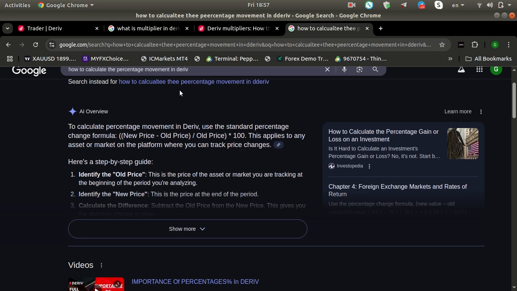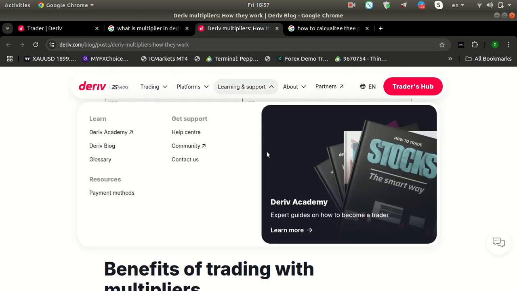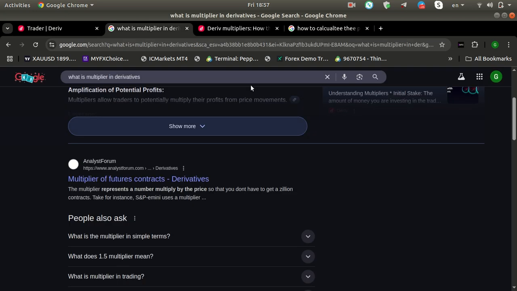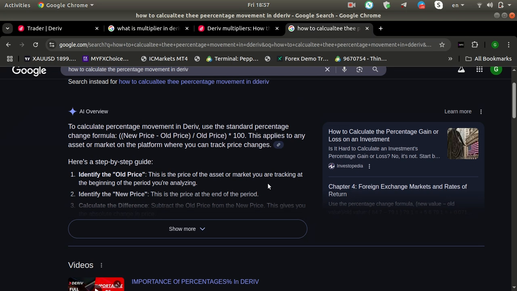So the new price is the price that the commodity has moved to. The old price is the price that you entered the trade in. Alright, so that's easy enough.